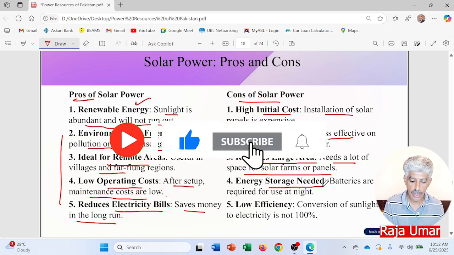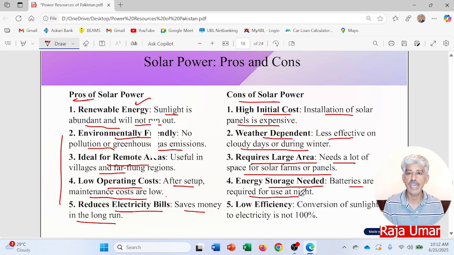Energy storage needed: batteries are required for use at night, and batteries are really very expensive, so that is a burden on the finances and it is really very difficult to bear that cost, as those lithium and tubular batteries are very expensive.